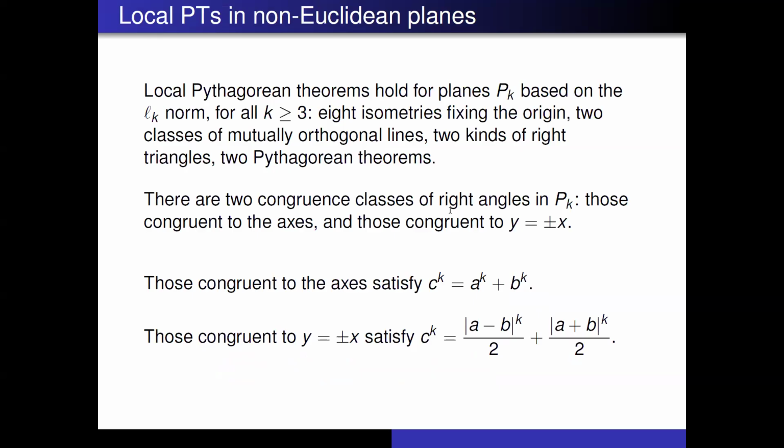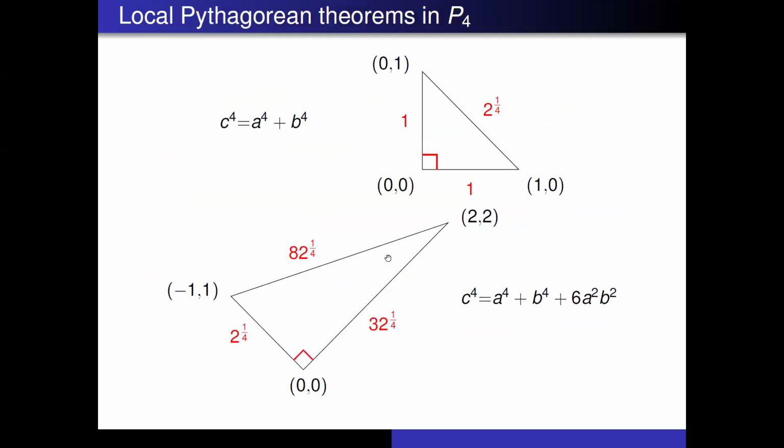Now, an option, if not all right angles are congruent, is to break the right angles up into congruence classes. All right triangles whose right angles are congruent satisfy the same identity. Now it looks a little weird, but let's just look at an example.